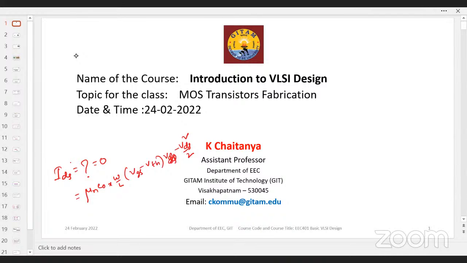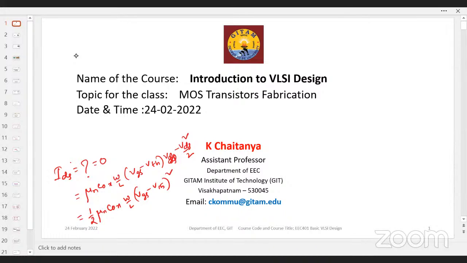Now, if the MOS transistor is operated in saturation region, then what is the current equation? It is 1 by 2 into mu n into C ox into W by L into (VGS minus VTH) whole square. Can you guess at what condition this equation holds good?